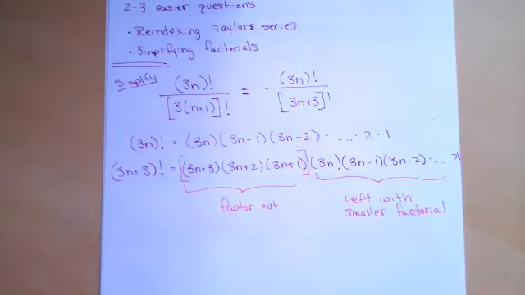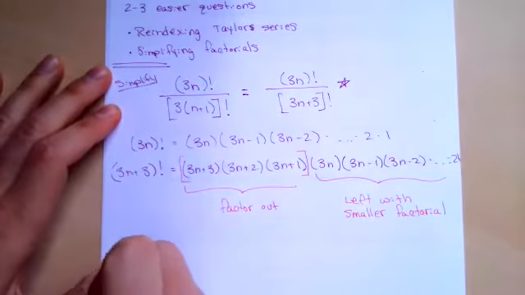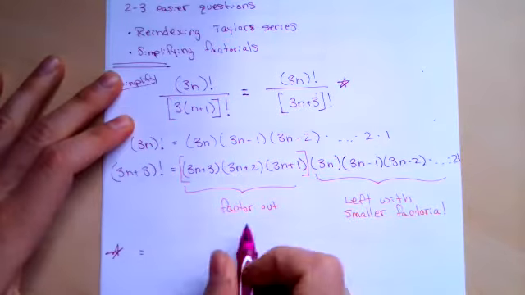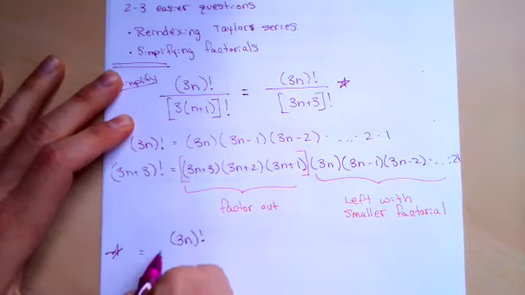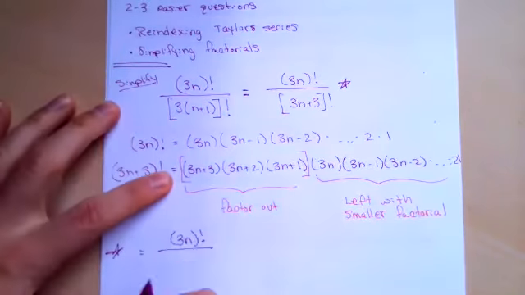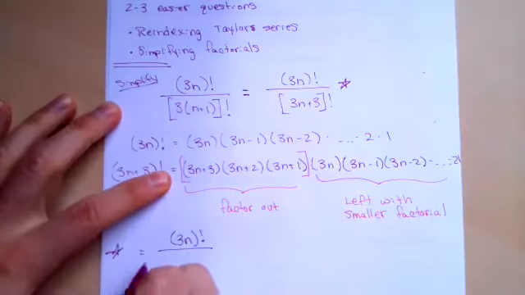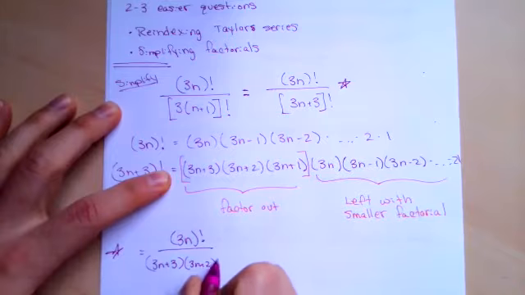So if we continue from here, the way we write that, we keep the 3n quantity factorial as it is. And then this one in the denominator, I'm factoring out those 3 terms, so I'm just going to write them individually. A little bit of a pain with 3 of them.